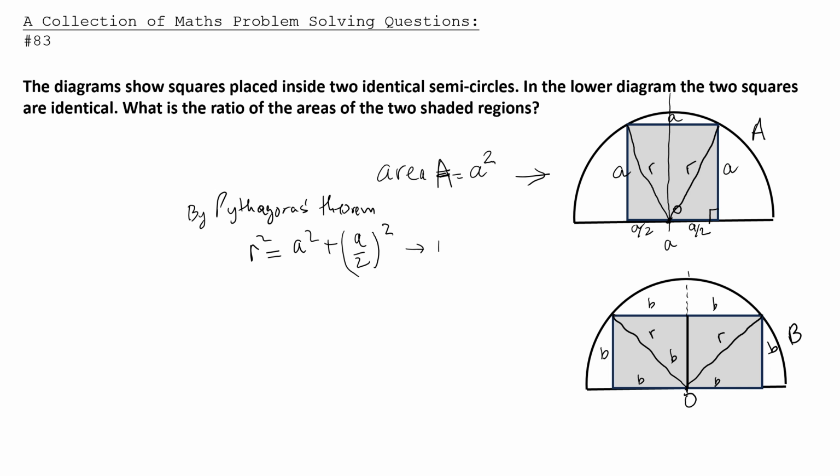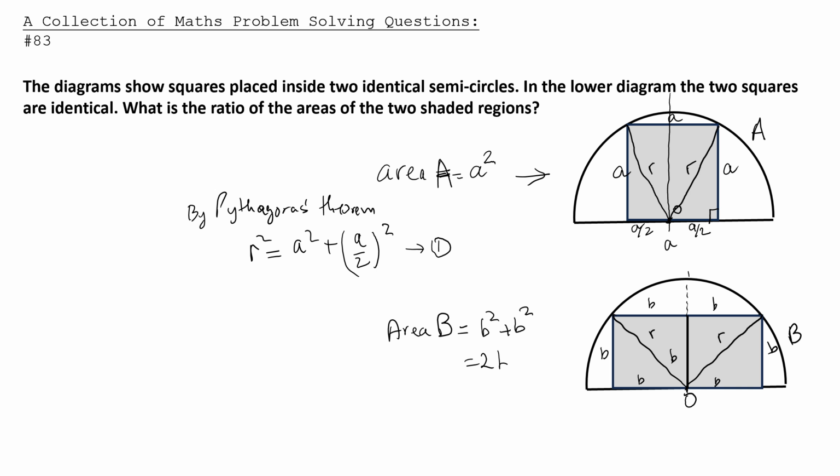So if we have this as 1, and from the next shape we get the area of B equals B square plus B square.